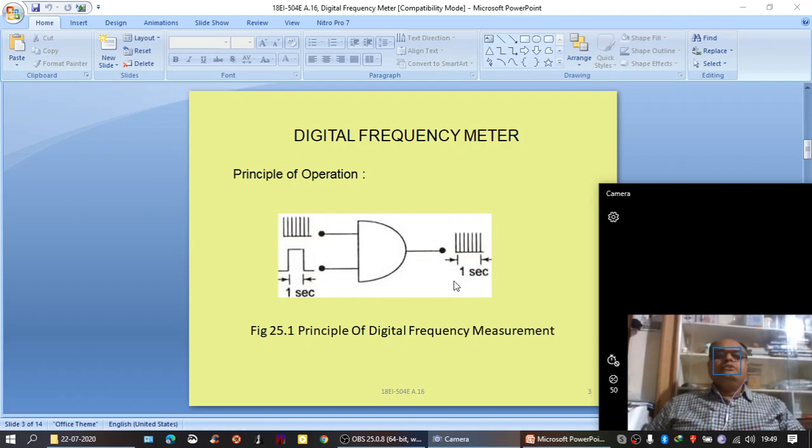Now, for example, if the digital counter output is say 1000, that means in 1 second duration, the input signal has completed 1000 cycles. What does it mean? The frequency of the input signal is 1000 cycles per second.